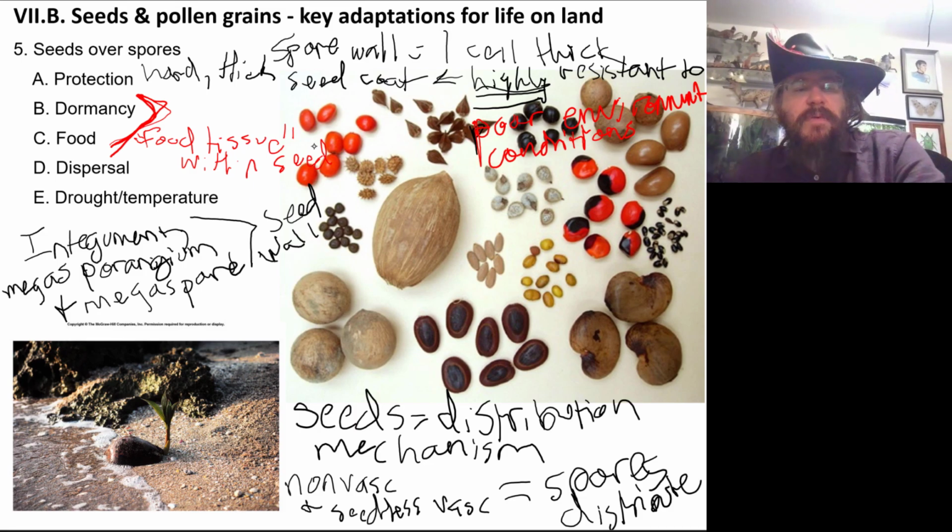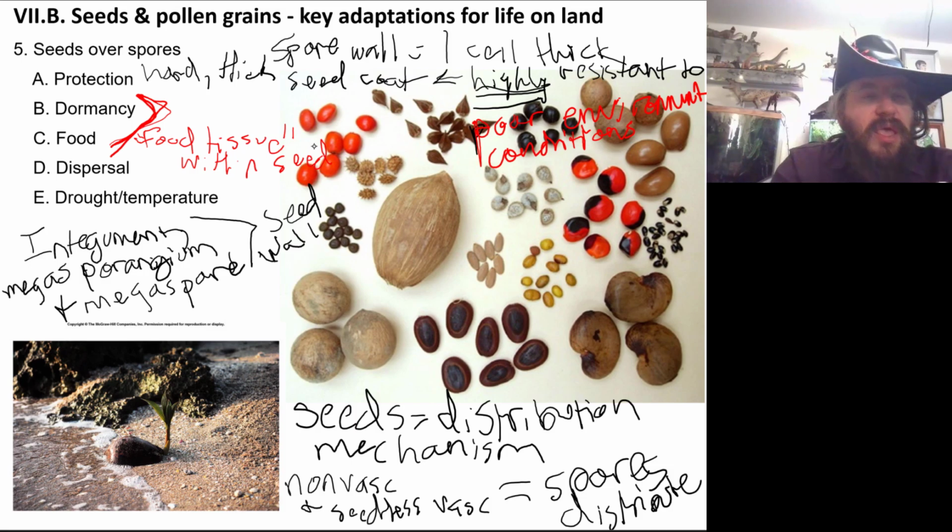This can keep an embryo functional for quite a while, especially when they go dormant. Dormant means they could go into extremely low metabolic rates.